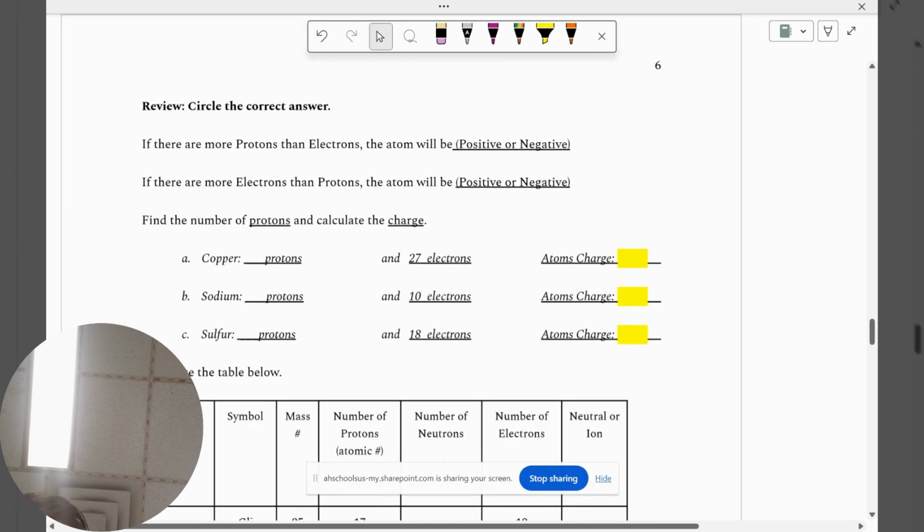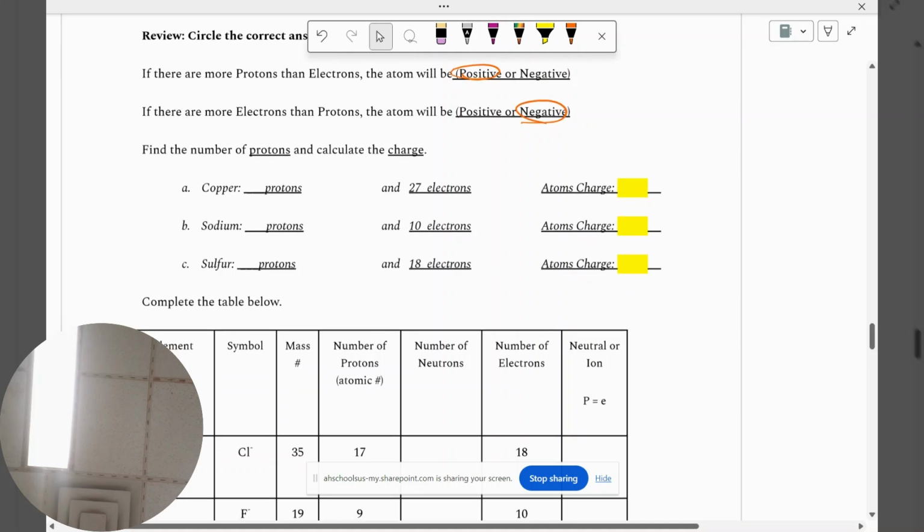Flip the page. So if there are more protons than electrons, it will be positive. If there are more electrons than protons, it'll be negative. Okay?